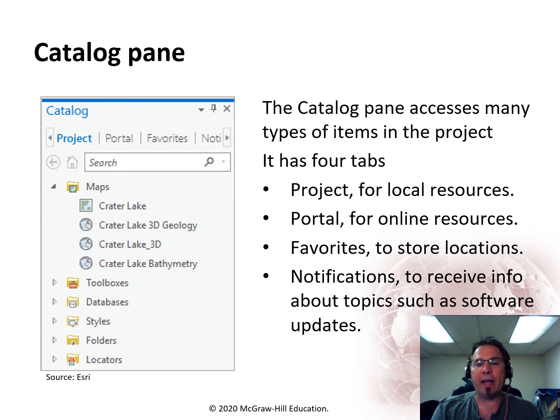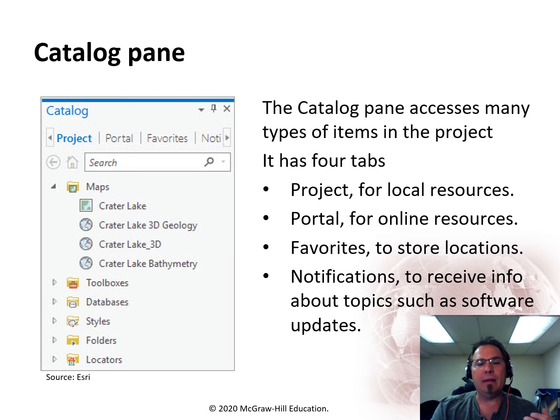And then notifications, if you want to receive updates and things like that, which you really can't do in our settings. That's all handled by the college. But if you have this on your own computer, that's where you would see some of that stuff. So for the most part, you're going to use the project tab, excuse me, and maybe the portal.